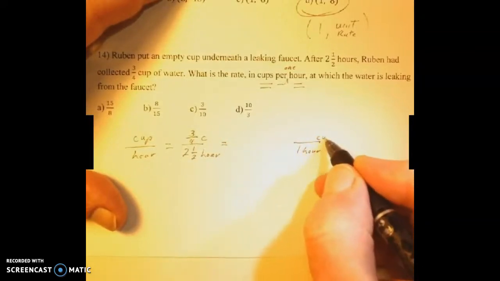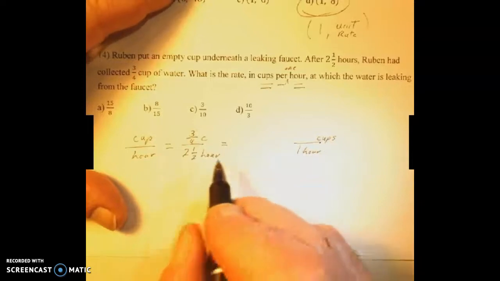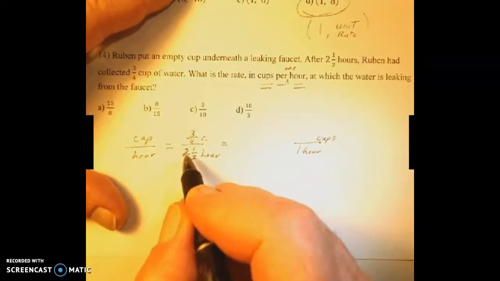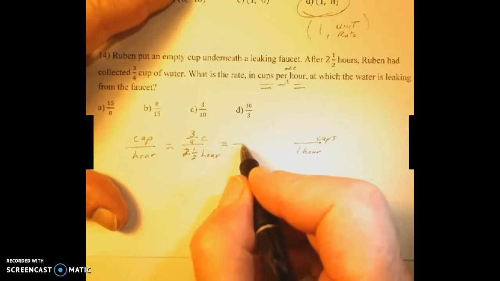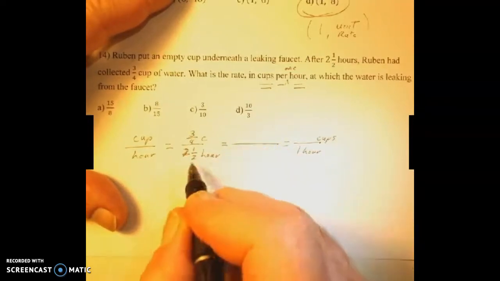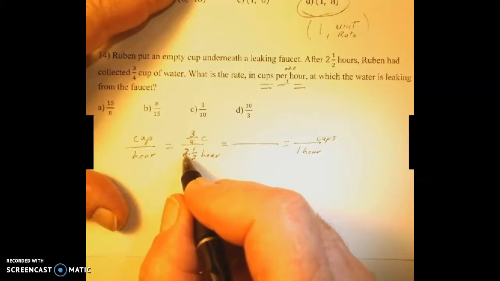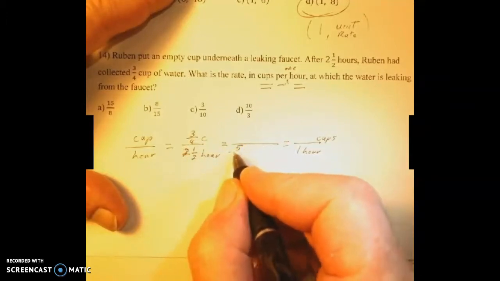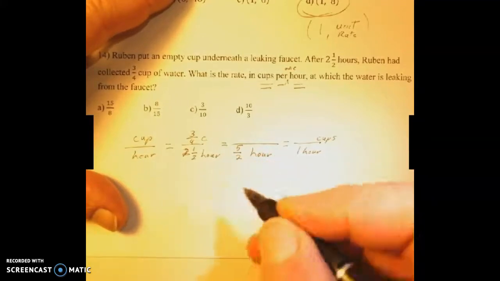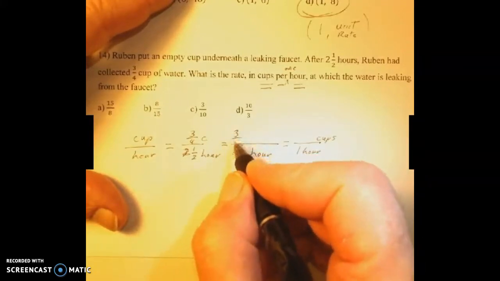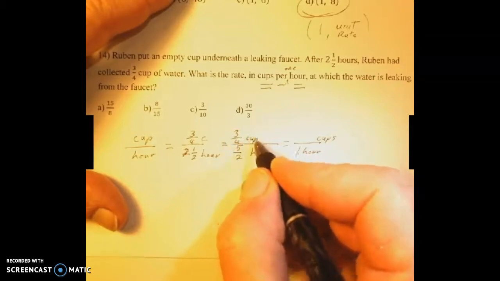And we want to know how many cups that will be in 1 hour. We're dealing with fractions here. We need to change this into an improper fraction. So this is going to be 2 times 2 is 4, plus the 1. It is 5 halves of an hour, 5 over 2 hours, 3/4 of a cup.